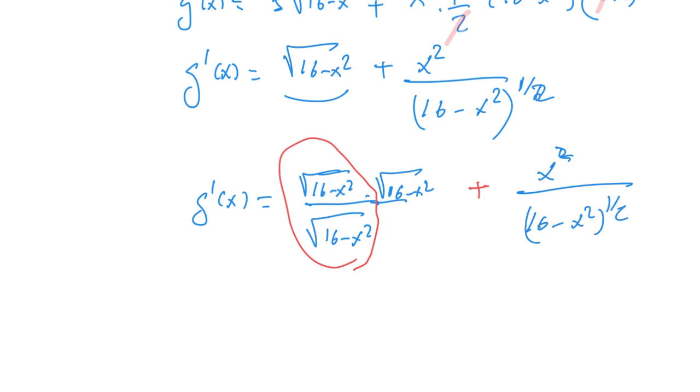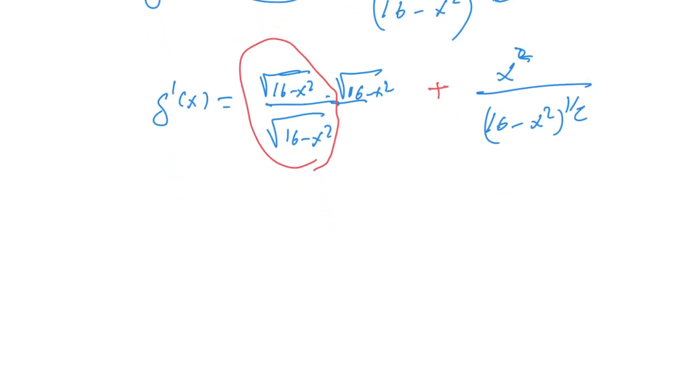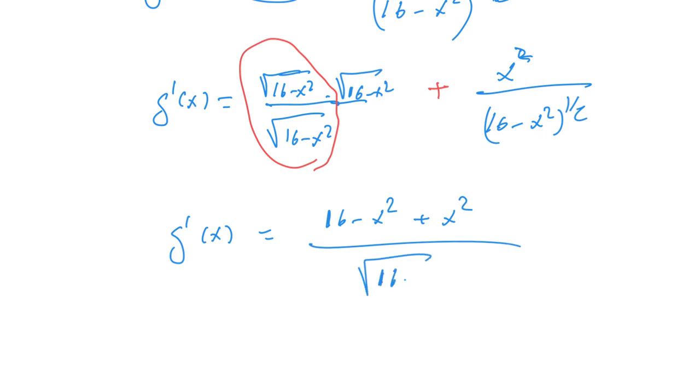And now I have the denominator. So I will have g prime of x equal 60 minus x squared plus x squared divided by a square root of 60 minus x squared. Or in other words, I have 60 divided by a square root of 60 minus x squared.